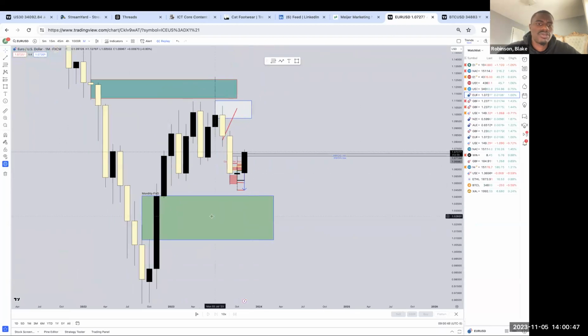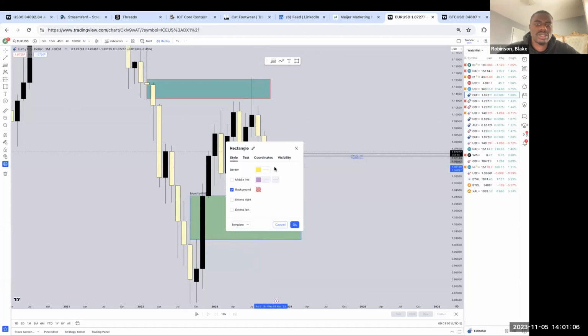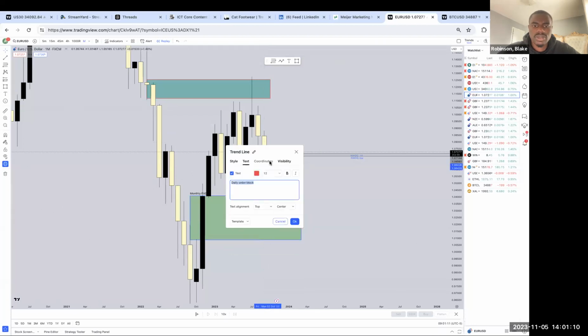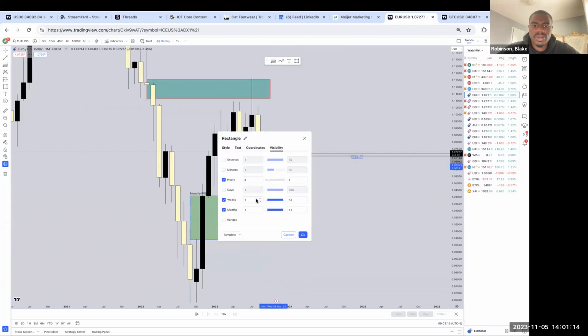Here's why. If you look at the monthly time frame, a couple of things stick out. So here we traded into this imbalance, a few months ago. We broke structure on this low, and then we formed a fair value gap. Let me see if I can get all this out of the way, just so this is a little clearer for everybody.